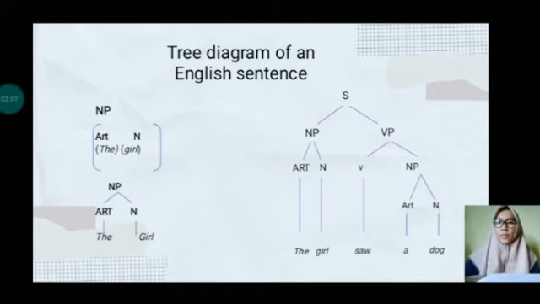Noun phrase consists of articulation and noun, that is the girl, and verb phrase consists of verb and noun phrase, in which the verb is saw. And the noun phrase consists of articulation and noun, where the articulation in the example is a, and the noun is dog.